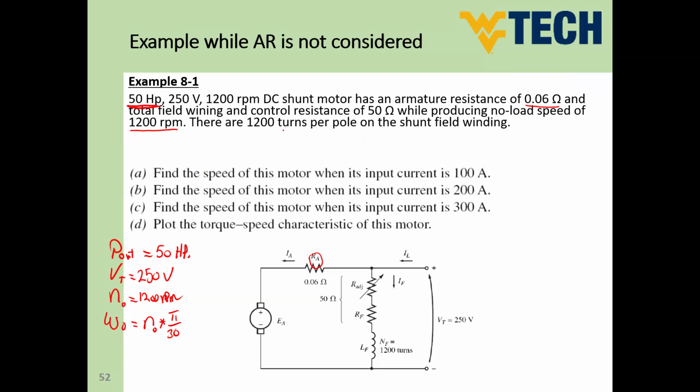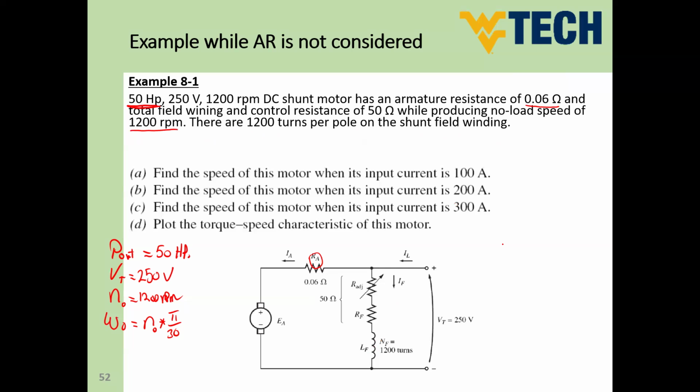There are 1200 turns per pole on the shunt field winding. So he mentioned that the field winding number of turns is 1200. Actually, we may not need this number if we neglect the armature reaction, so we will consider only the part of this question where the armature reaction is neglected.